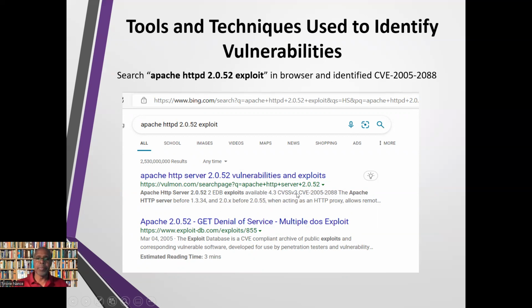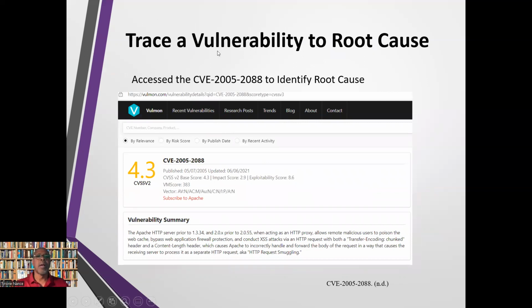So I clicked on that link. After going to that link to get more details on the CVE, it provided some very specific elaboration from a vulnerability summary standpoint. And what I learned from this was that this vulnerability is specific to a certain version up to 2.0.55, which our version does fall under, which makes us vulnerable.